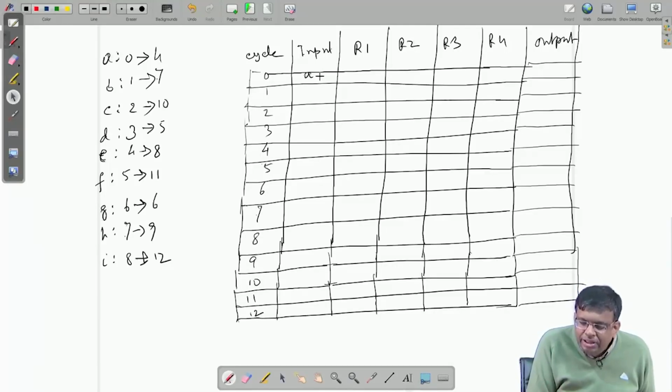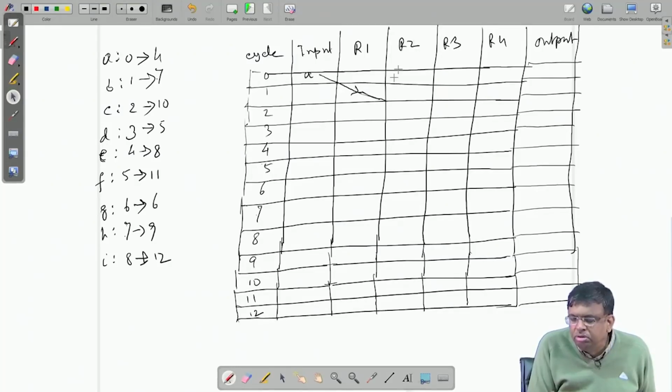So, A I give to the R1 input in cycle 0 when it is born, and it is stored in R1 for that cycle and comes to the R1 output at cycle 1. In this box, the output of the register is available. Then I do not disturb anything because it has to be stored till cycle 4. So, I give it to the input of R2, so the line continues.